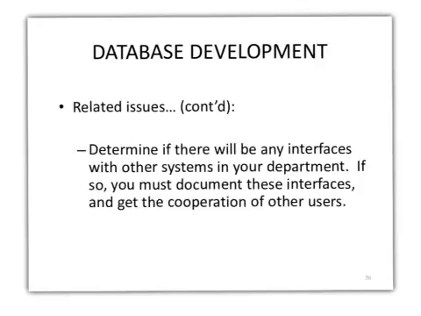Another issue, based on my experience, you also have to determine if there will be any interfaces with other systems in your department. If so, then you have to document these interfaces and get the cooperation of other users. It's very similar to what I mentioned before, in a way that you need to understand if the data that you are measuring in the field related to the PMS database is going to be used for other divisions or not.